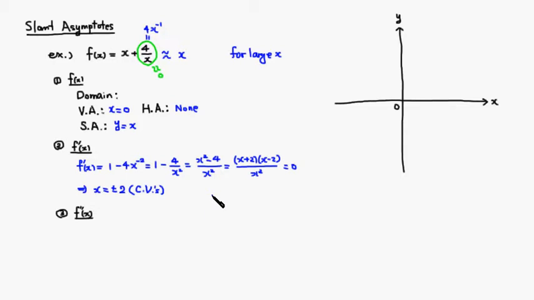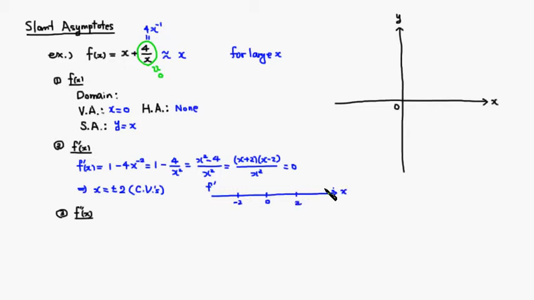Let's do a number line for f prime. x equals 0 is not defined there, and plus or minus 2 are critical values, so negative 2 here and positive 2 there.